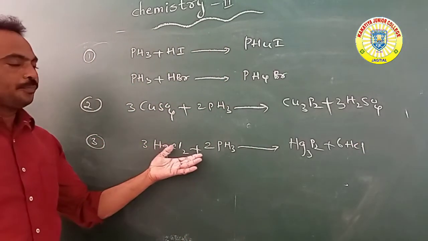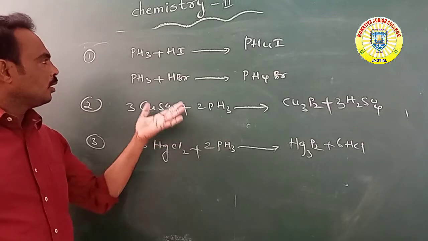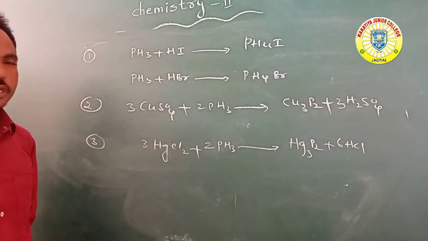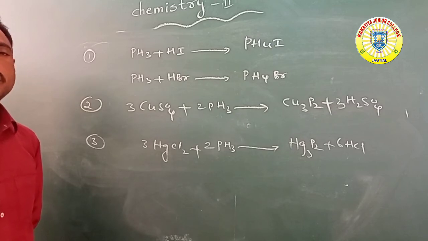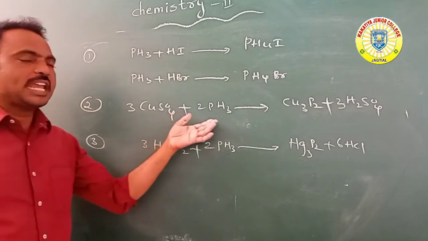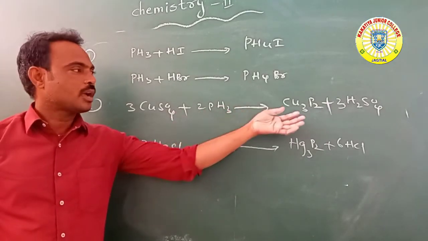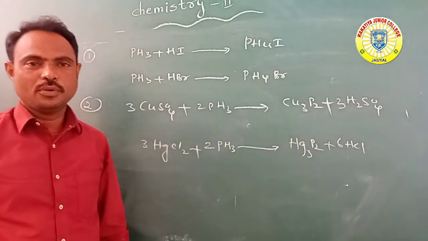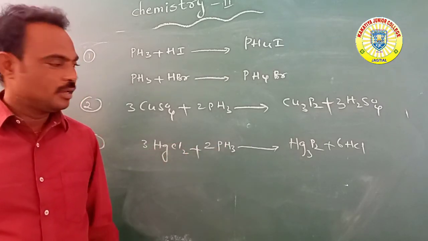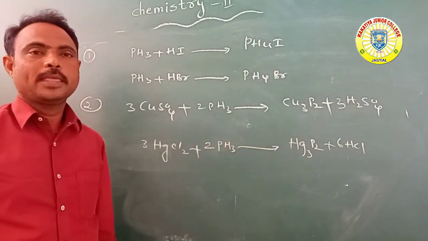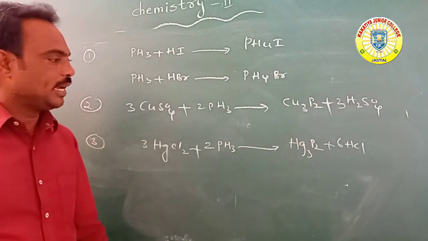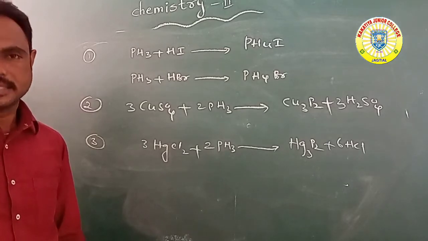So phosphine reacts with hydrogen iodide or hydrogen bromide to form phosphonium iodide or phosphonium bromide. Copper sulfate reacts with phosphine to form copper phosphide and H2SO4. Mercury chloride also reacts with PH3 phosphine to form Hg3P2, mercuric phosphide, and next hydrochloric acid.